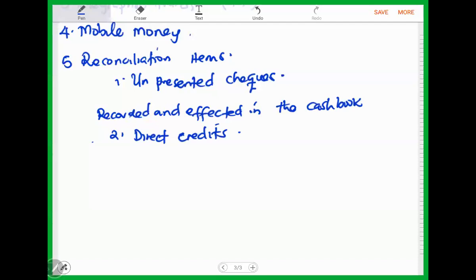We won't tell that it is Salama that paid money, not until you come out and give us evidence that indeed you deposited money on our professional business school account. So such direct deposits that are made onto the bank account are referred to as direct credits. Money is credited onto the account directly without the knowledge of the person handling the cash book.